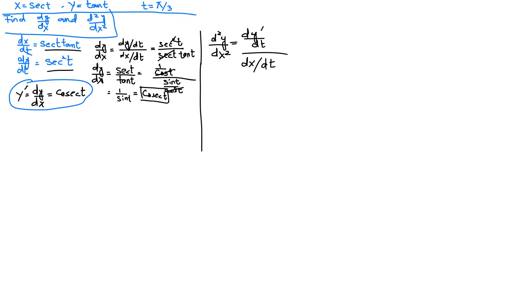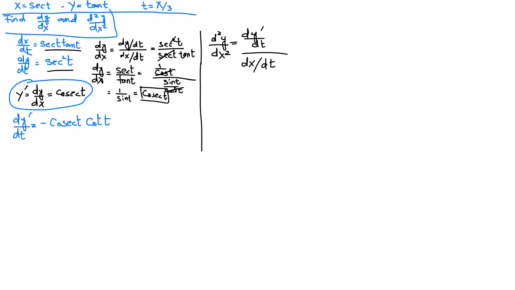What is the derivative of cosecant? d of y dash over dt. What is the derivative of cosecant t? Anybody? Maybe you forgot, but I know you remember it from when you studied calculus 101. So the derivative is minus cosecant t into cotangent t.